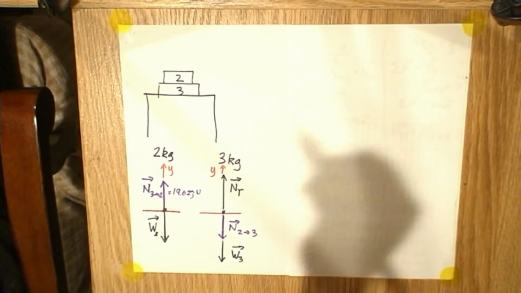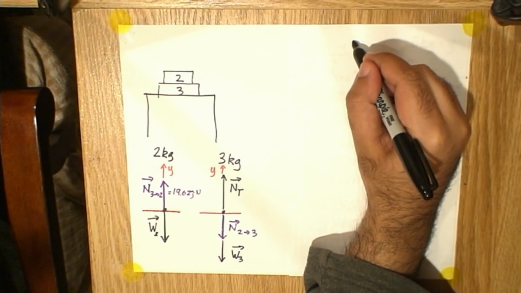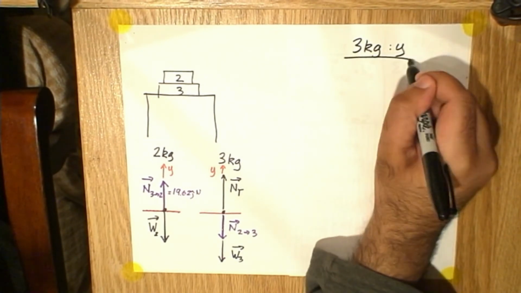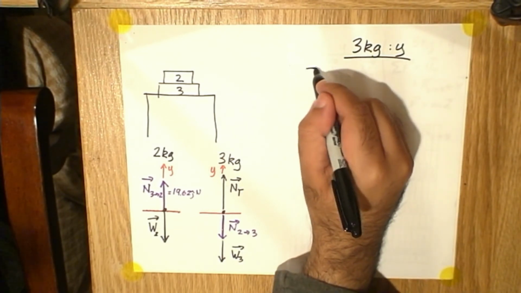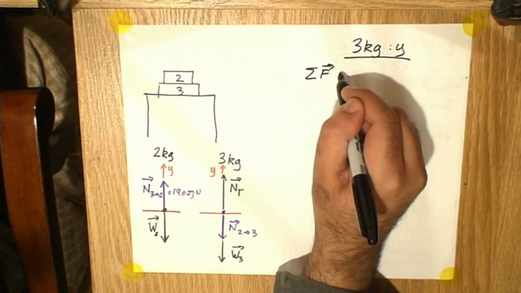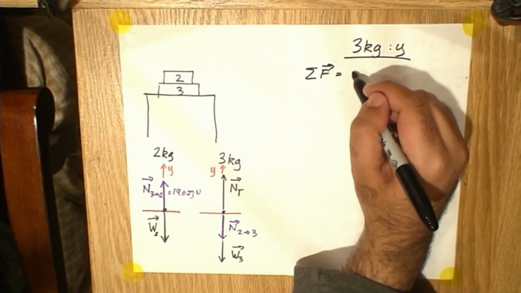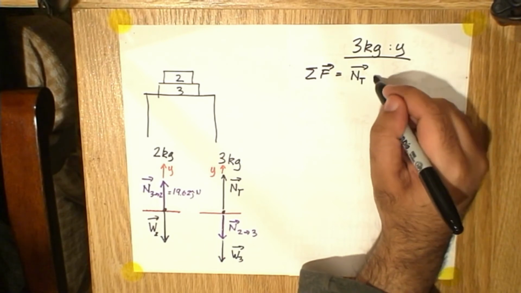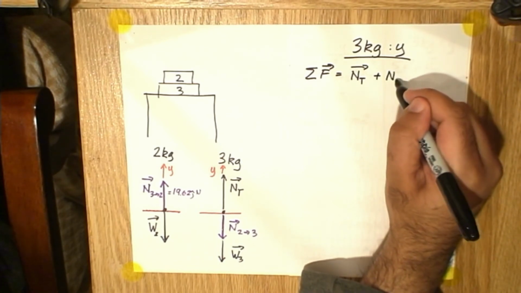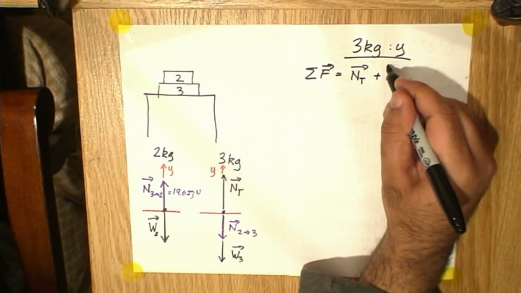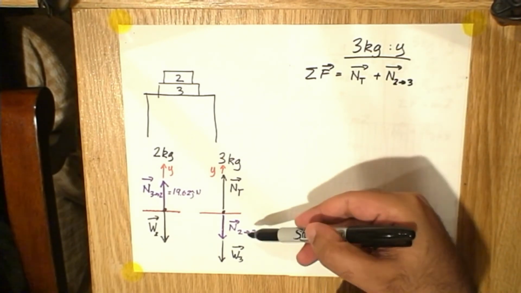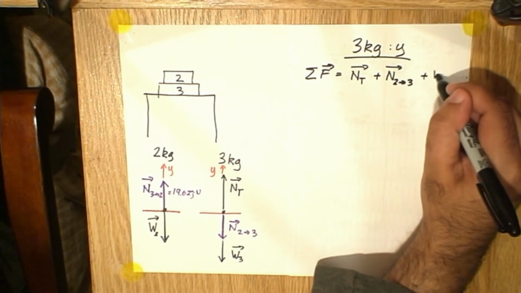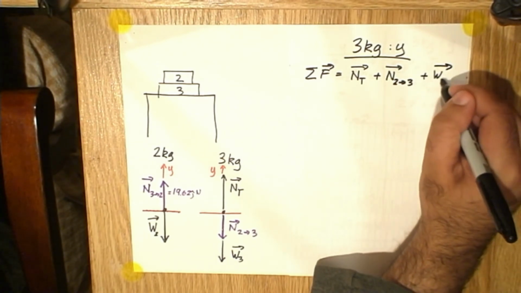Now, let's look at the forces acting on the 3 kilogram object in the y direction. The total force is composed of the normal force from the table plus the normal force from 2 on 3, which is pointing downwards, and so we'll later find that that's negative, plus the weight force, which of course is also negative.